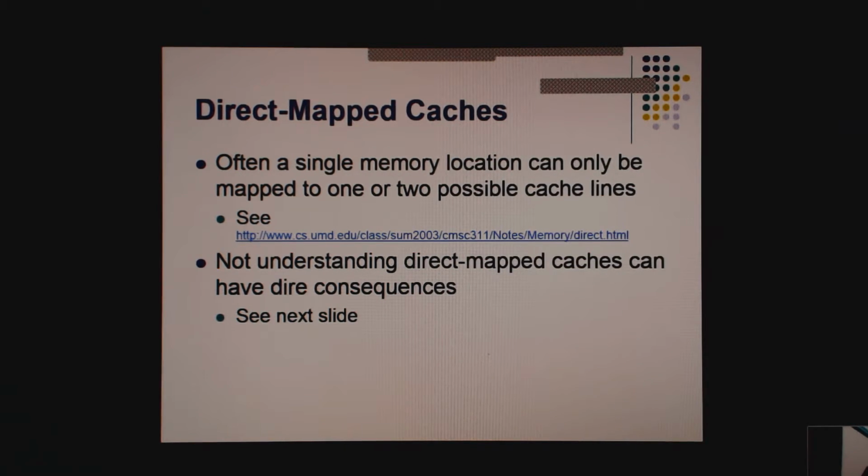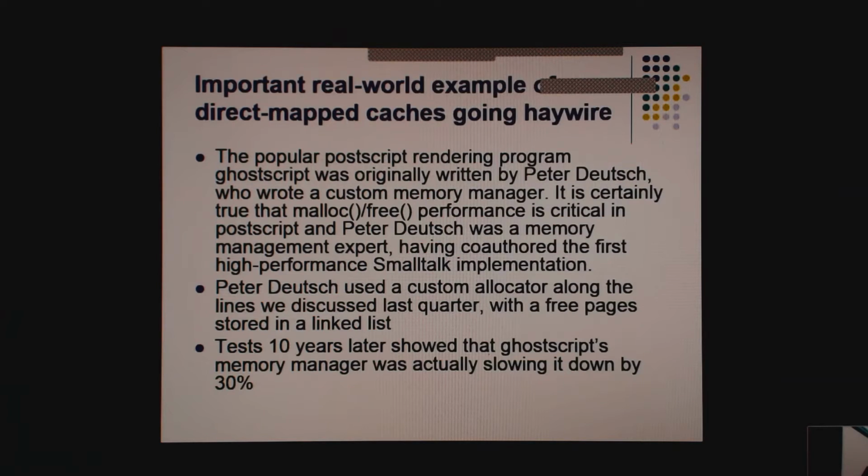These are called direct mapped caches. Typically, the way they work is, say, bits 16 through 7 of an address are used to determine which cache line you're in. Okay, so not understanding direct mapped caches can have dire consequences.